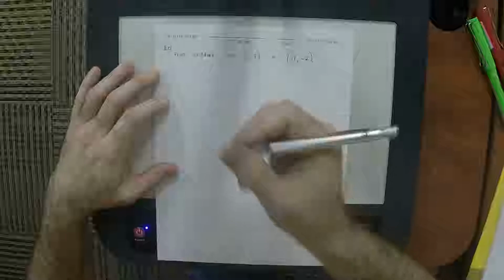So I'm going to do it with the delta x's and delta y's. So recall, delta x, well, it's going to be x2 minus x1, and delta y is y2 minus y1.